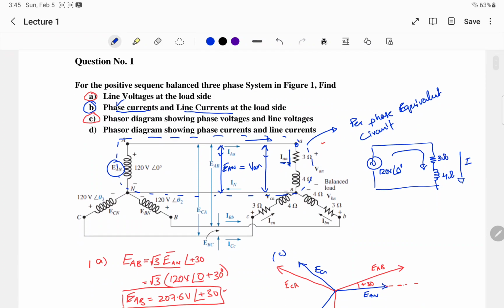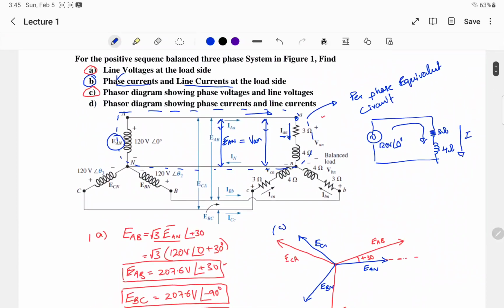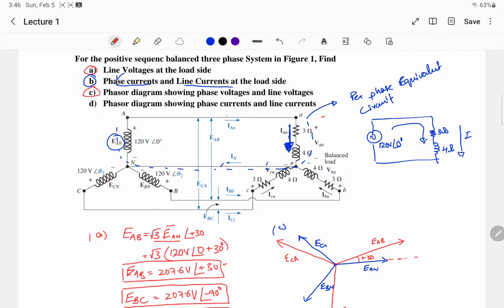Now what about the line currents? For the line currents, as you can see, this is the phase current, the current that is going into the phase, and this is the line current.